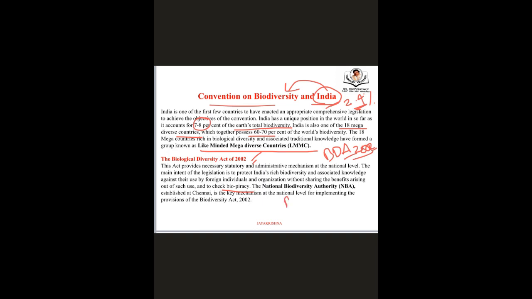This Biodiversity Act 2002 has a structure at three levels: national level, state level, and local level. What is the three-type structure of this Biodiversity Act 2002? Let us see in detail in the next slide.